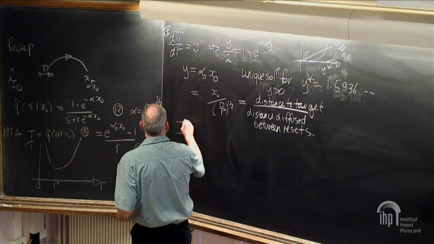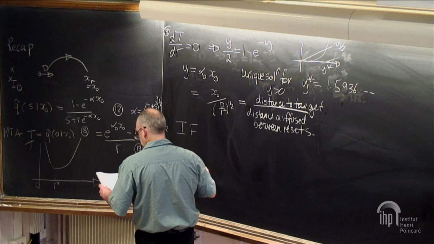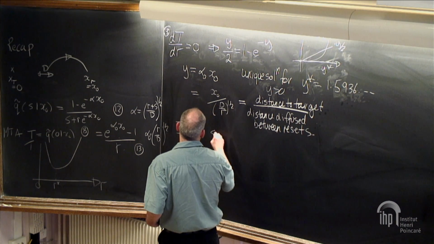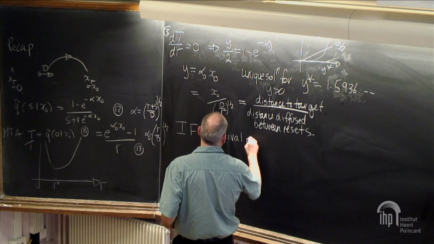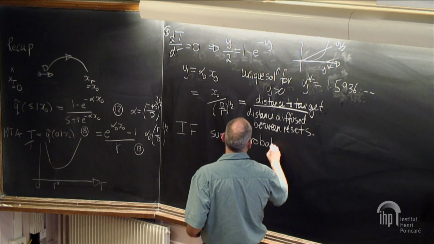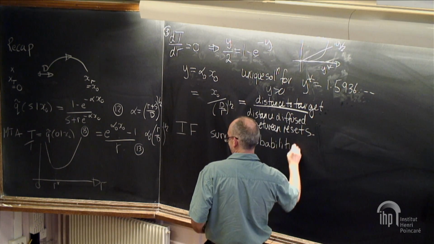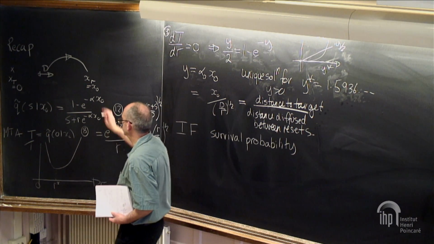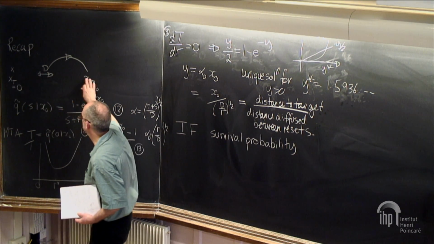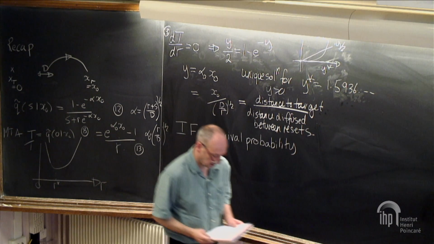So this is still section 1, 1f. We're going to have a look at the survival probability for this problem of diffusion with resetting and absorption.